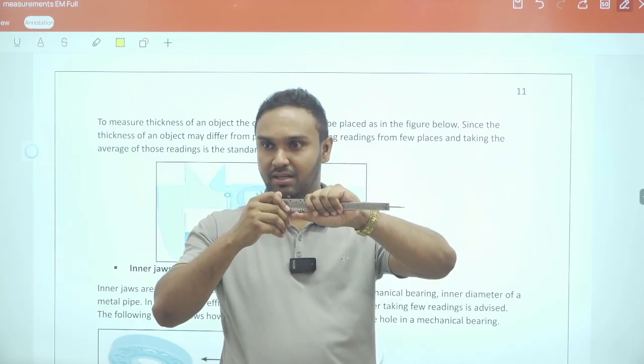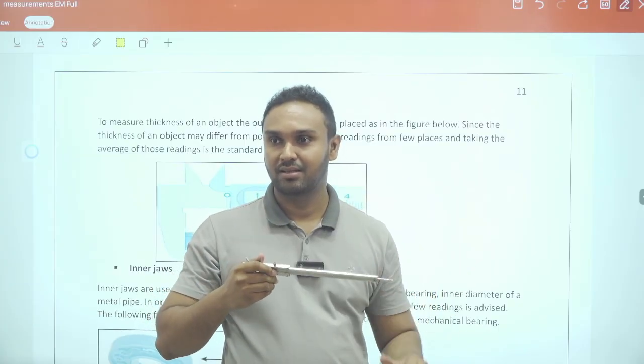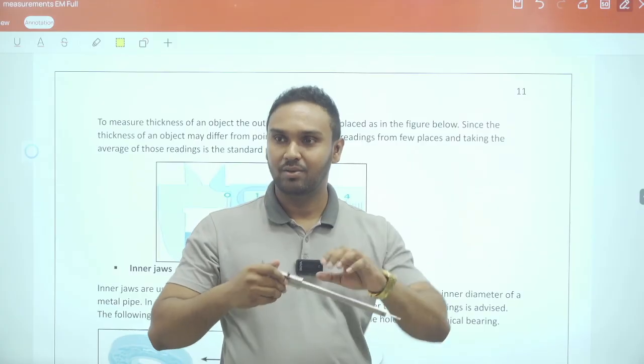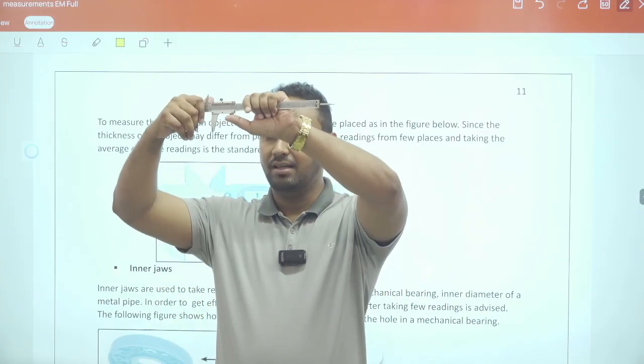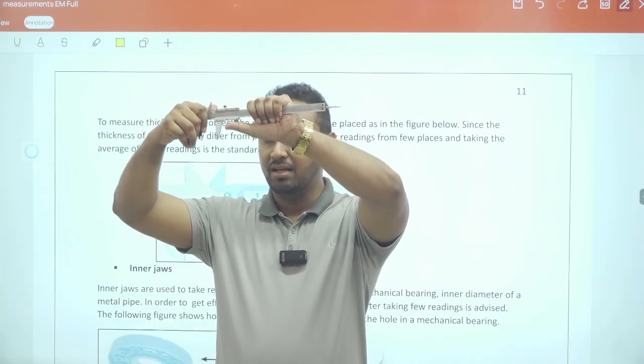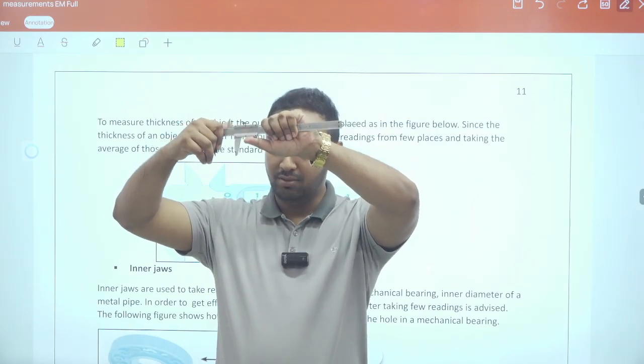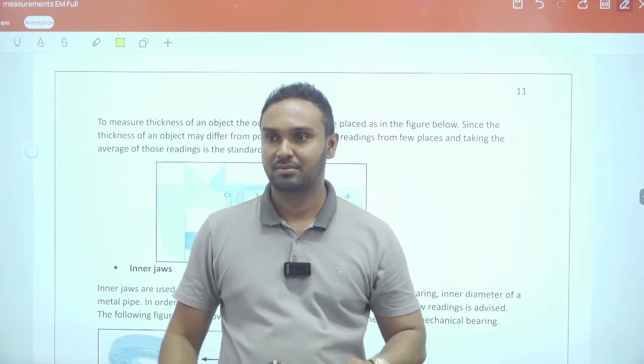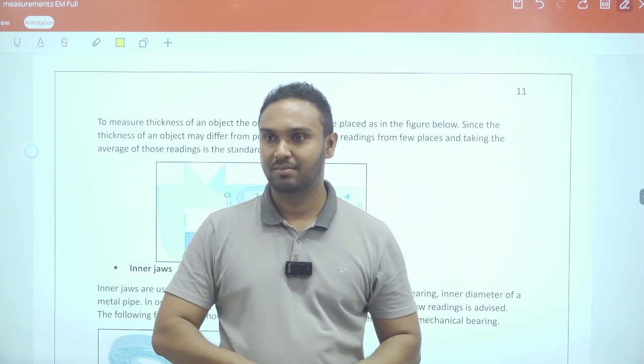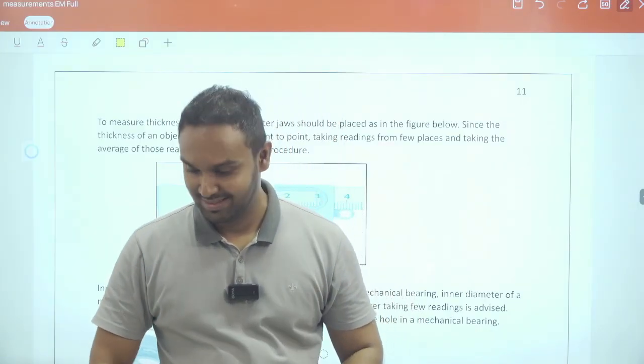You have to press it and take it back. This is the rolling screw. So you press it like that. Then you slide it back.